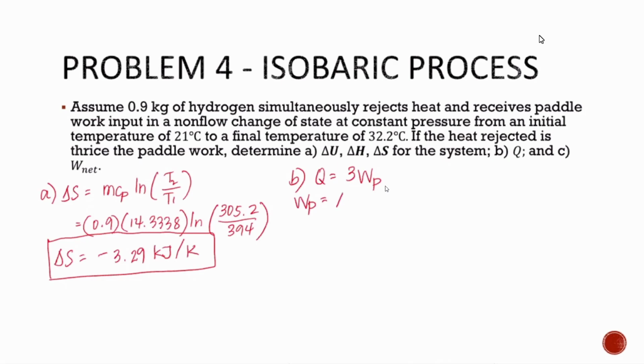So we have delta U, we have Q, we have work of the system. Alin pa dyan ang given na natin? So, gamitin natin yung ating nakuha kanina na base sa problem that the heat rejected is thrice the paddle work. So, substitute tayo kay Q ng 3 WP.